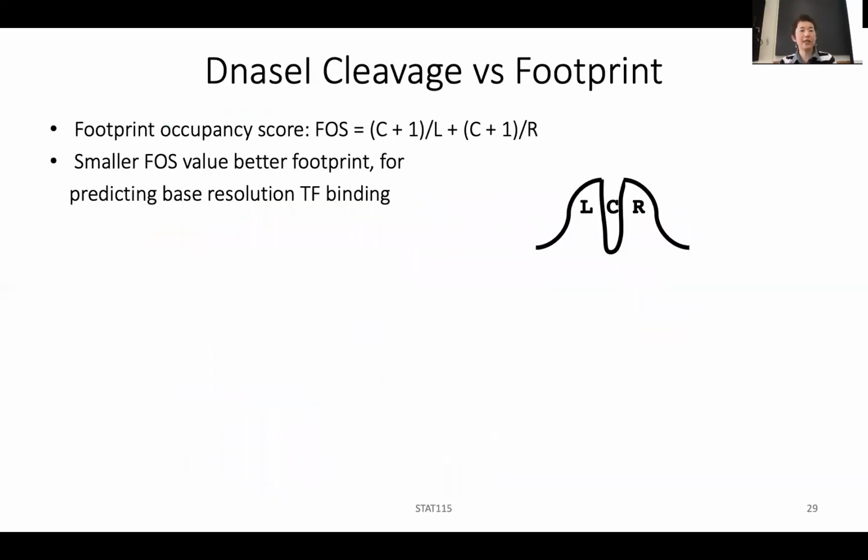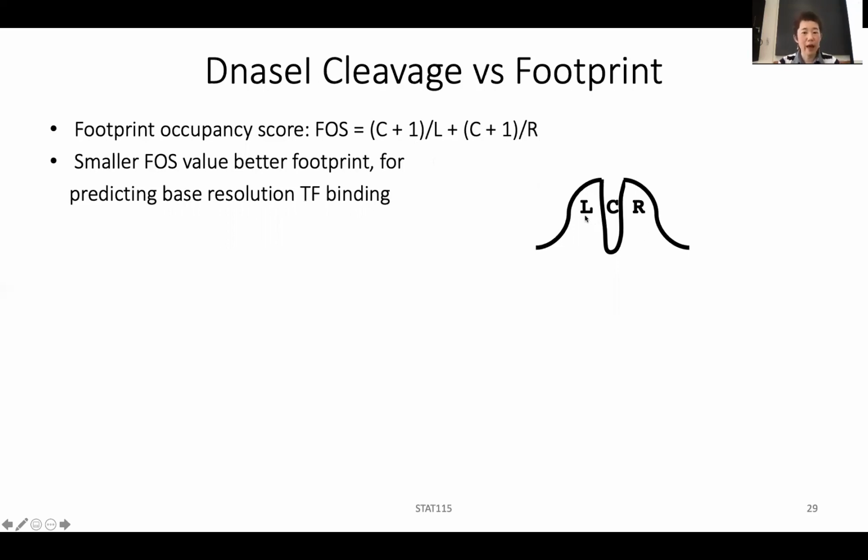The danger of this is the specific way they look at this. They say, if there is DNase signal, if we look at the read that lands on the left and the right side, and there is a gap in the center, that's an indication there might be some transcription factor binding there. And they specifically have a footprint occupancy score where they look at C+1, because they don't want to have 0, divided by the reads on the left, and C+1 divided by the reads on the right.